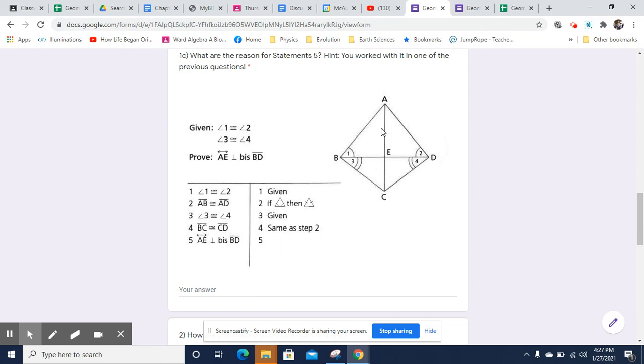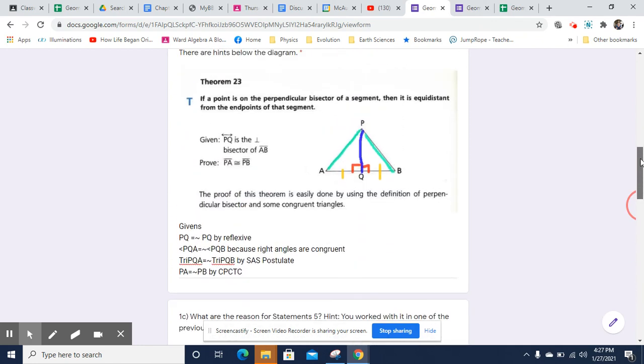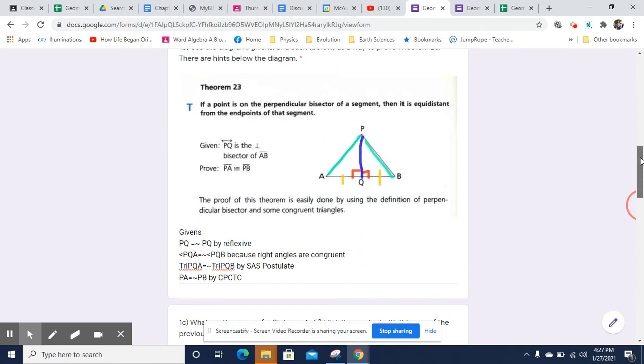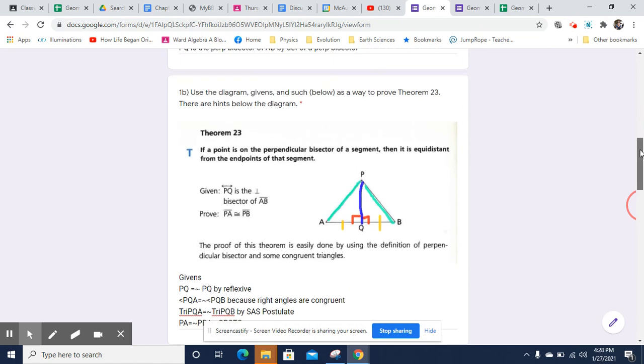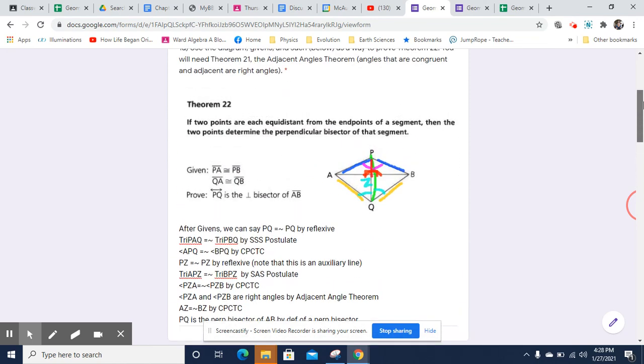And so we have these 2 points which happen to be equidistant from the endpoints of a segment that we're proposing is going to be perpendicularly bisected. And so we want to look at the one that talks about them being equidistant. If a point is on the perpendicular bisector, then it is equidistant from the endpoints. That's the opposite direction. We want to use the other direction.